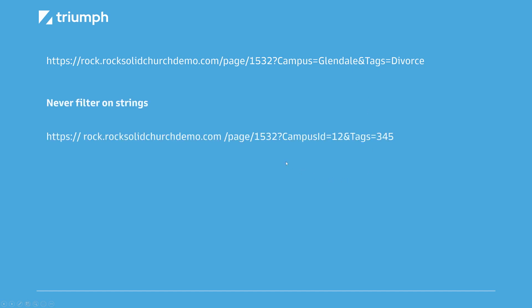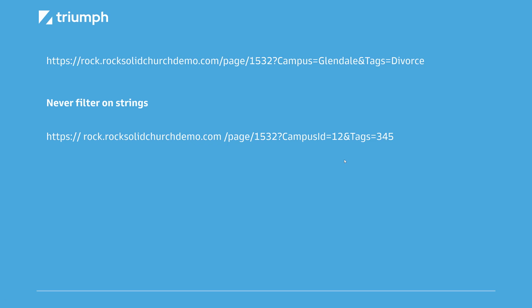A couple things that we need to do differently though is, one thing is we never want to filter on strings. So instead, we should have done something like this in our example. So now we're filtering on IDs. And so why is that? Because strings can change, IDs don't.